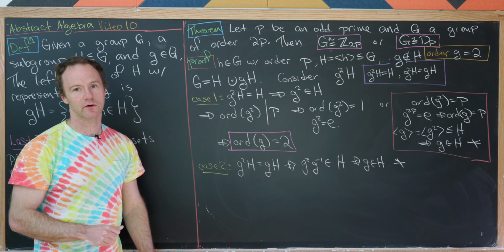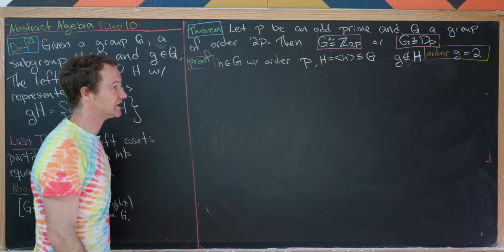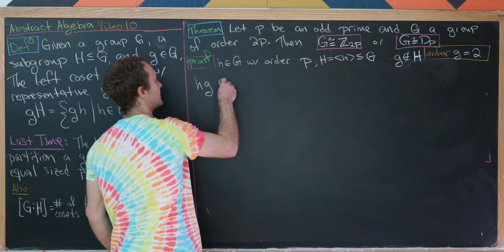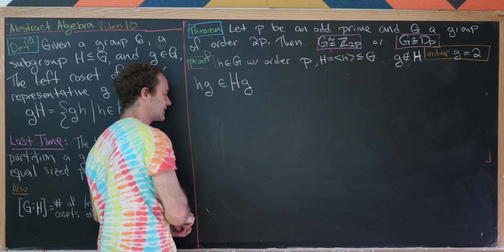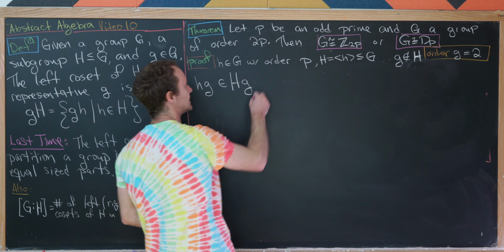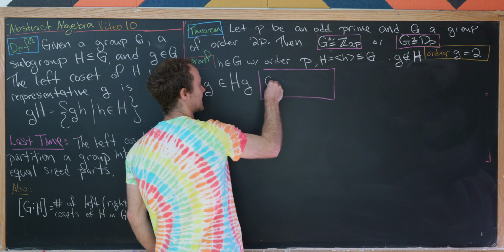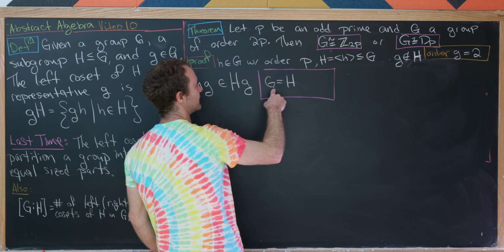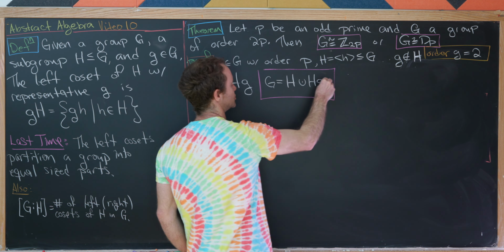Okay, so now let's keep going. Let's take our element h, which was order p, and our element g, which was order 2, and look at hg. But that hg is in the coset Hg. In parallel to what we did before with breaking G up with cosets, we can do the same thing with a right coset. So we have G is equal to H disjoint union Hg.